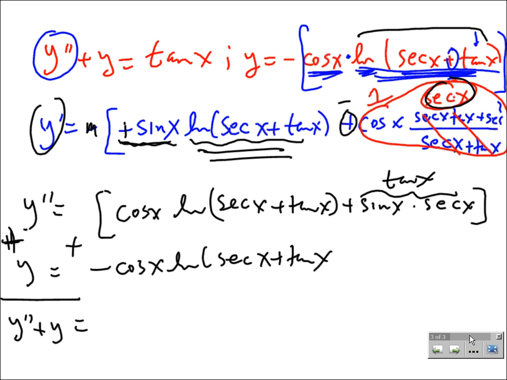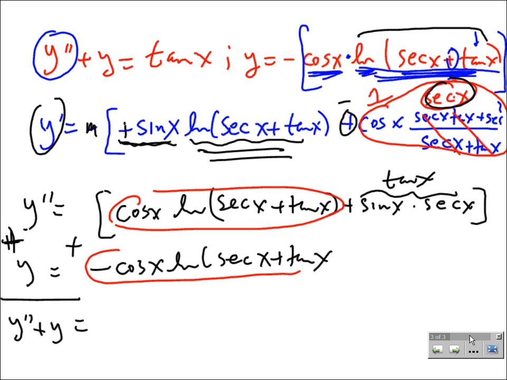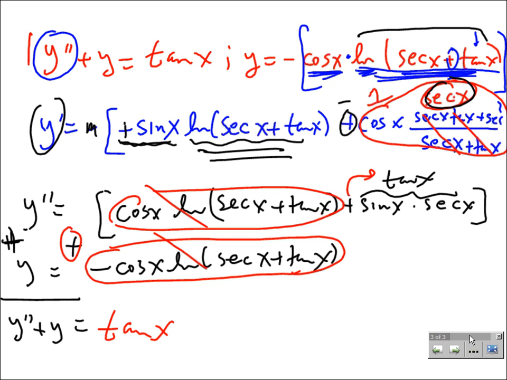When I add the right side, it turns out that this and that are exactly the same, except the signs are different. So when I add them, bye-bye. So all that survives is plus tangent x. Look at that. It worked. Y double prime plus y really was tangent x. So that's the solution. I know it is. It worked out.